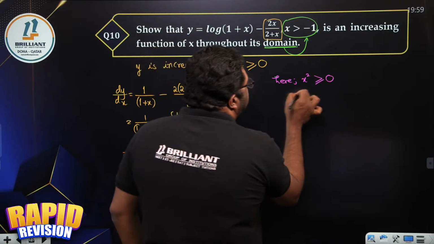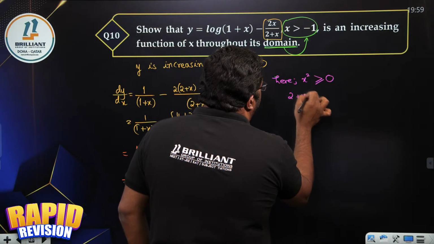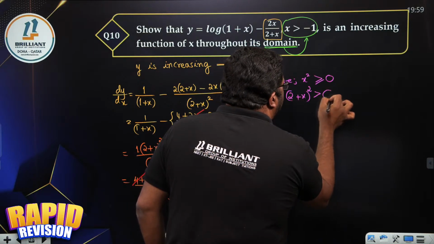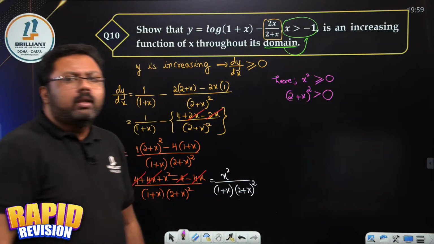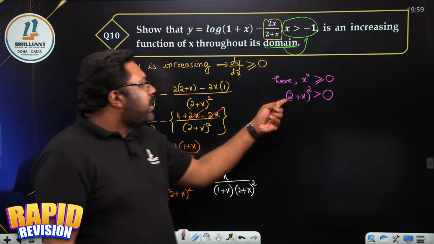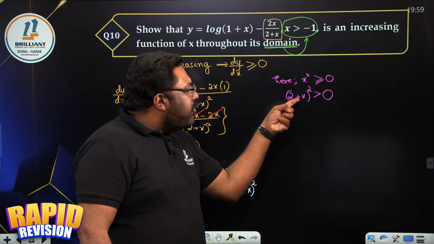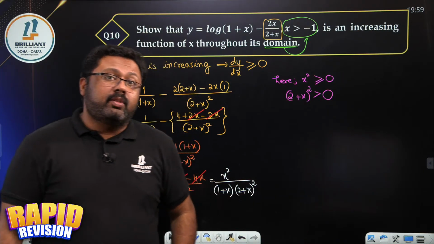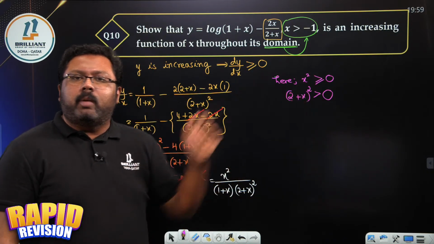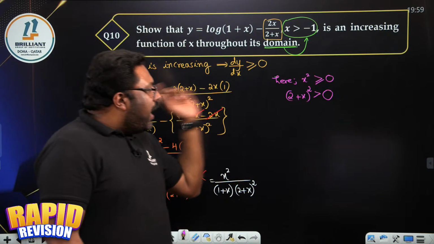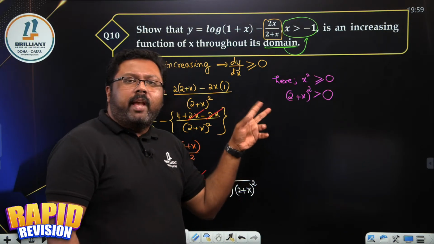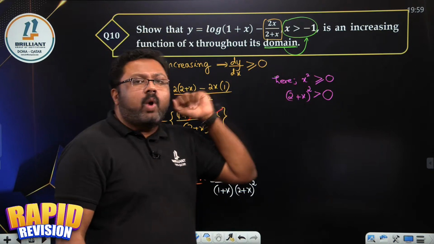Now let's come to 2 plus x squared. Again, 2 plus x squared is strictly greater than 0 here. Why strictly greater than 0? Why can't it be 0? If it has to become 0, I have to put x as minus 2, and 2 minus 2 will make it 0. But for every other number I put in, I will always get a positive answer because it's being squared.